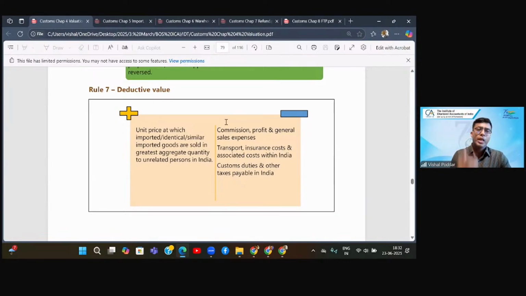If after import, whatever I have sold to you, without making any major changes in that, either you will not make any change or you will make some minor finishing changes, and you sell the goods in India, now what rule 7 says is, take the Indian price at which the importer is selling in India.